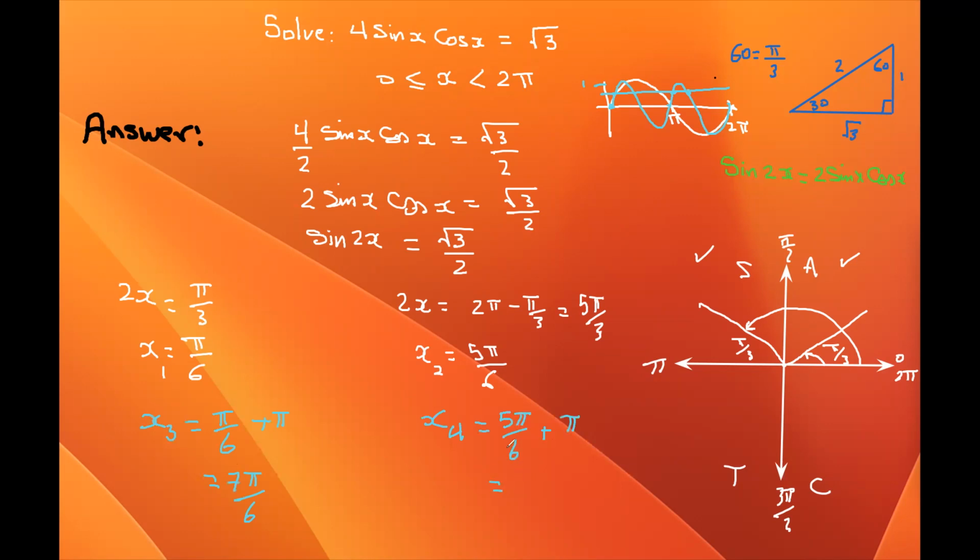Then 5 plus 6 is 11 pi over 6, and that's my x4, and that's my x3. So the 4 answers are this, this, this, and this. So these are the 4 answers that are shown here.